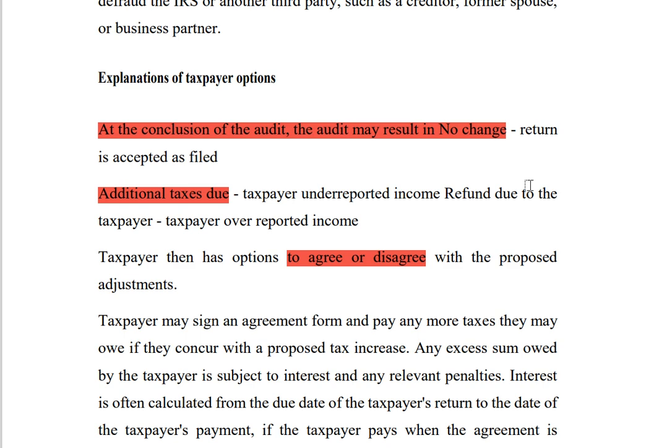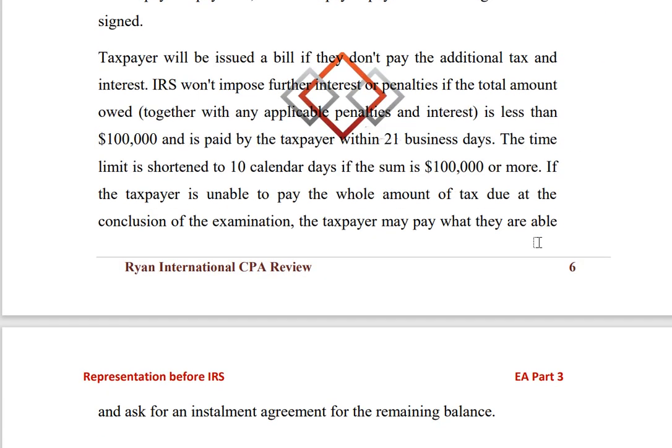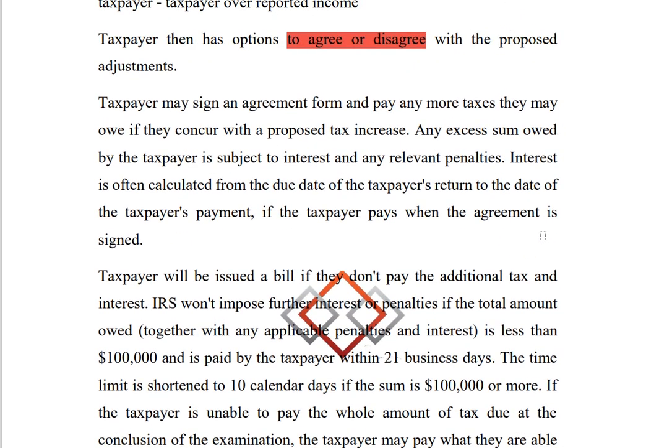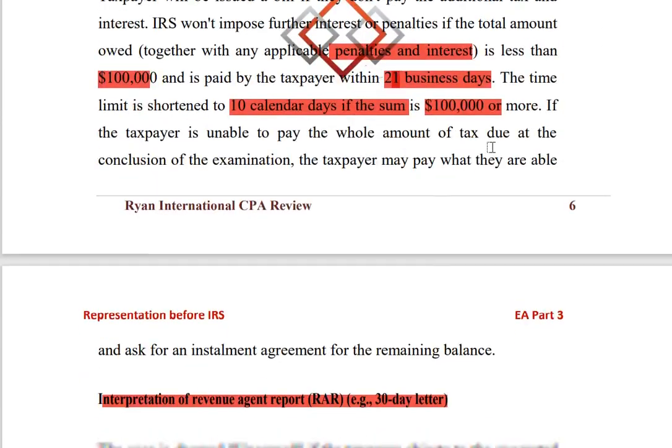By filing a Form 870, the taxpayer typically accepts the auditor's assessment. If additional taxes are assessed, the typical taxpayer has 21 days, if the taxes are less than 100,000, to pay up without additional penalties and interest. If the taxes assessed are 100,000 or more, you just have 10 days before the interest and penalties accrue to your account.